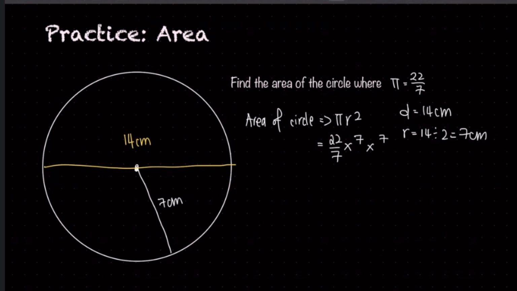And 7 is 7 over 1. So here we have it. Denominator, numerator, 1, 1. So we are left with 22 times 7. So 22 times 7, we have 154 cm square.